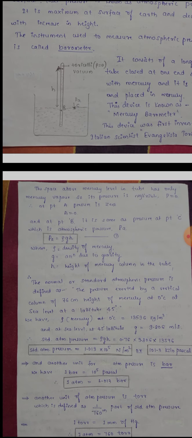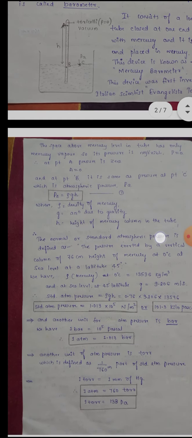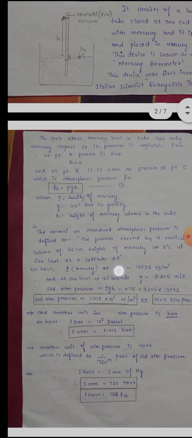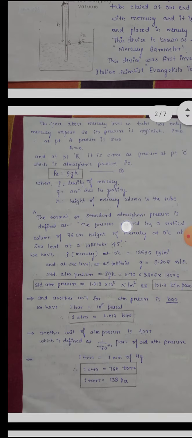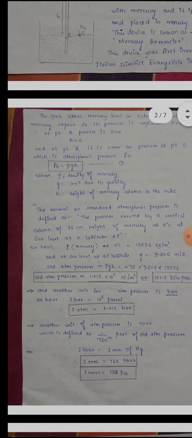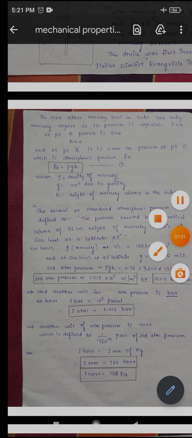That is, the normal or standard atmospheric pressure is defined in terms of the height of the mercury column. It is the pressure exerted by a vertical column of 76 centimeter or 0.76 meter height of mercury at 0 degree Celsius at sea level at a latitude of 45 degree.